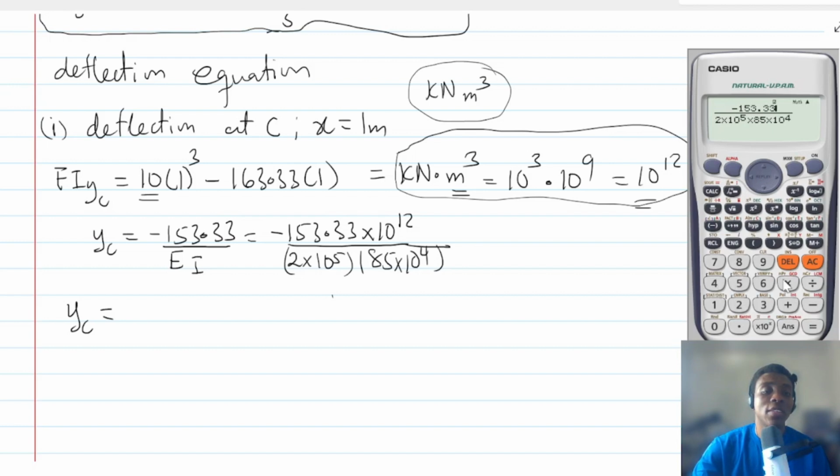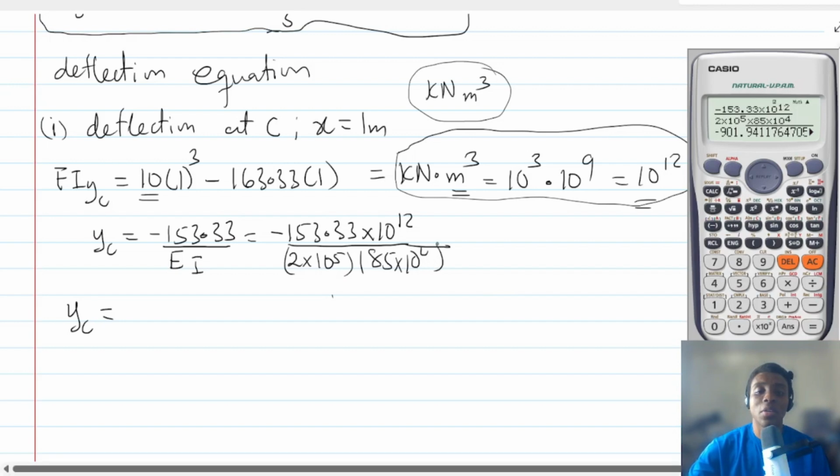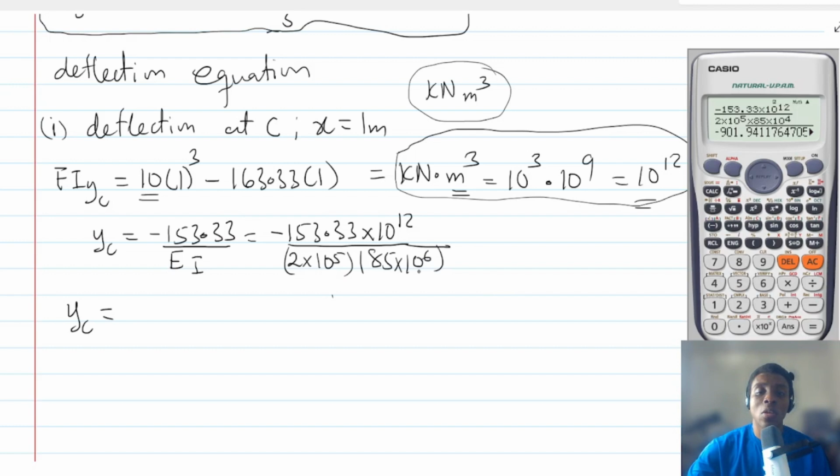And then, in fact, it's 10 to the power 12. Oh, sorry. So what is the answer that we are going to get? It's actually 85 times 10 to the power 6, sorry. All right, so it's 10 to the power 6 rather.